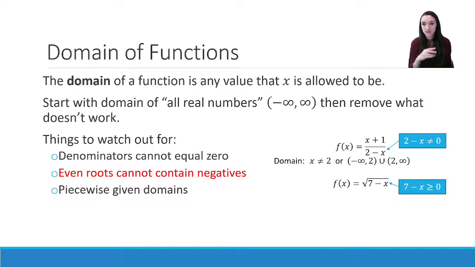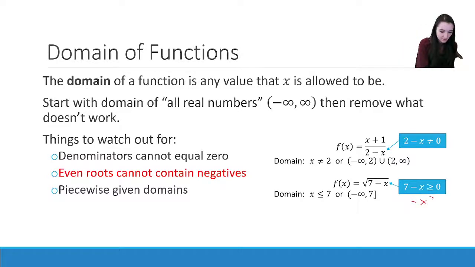So I subtract 7 from both sides, I multiply by negative 1, which is going to switch the symbol to a less than. So we're going to end up with x is less than or equal to 7. So again, negative x greater than or equal to negative 7, x less than or equal to positive 7. Because remember, when we multiply or divide by a negative, it switches the direction of our inequality.